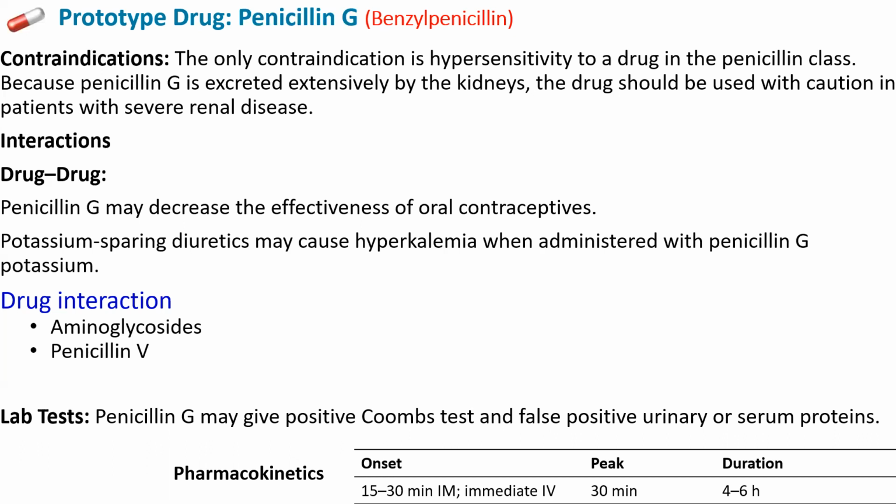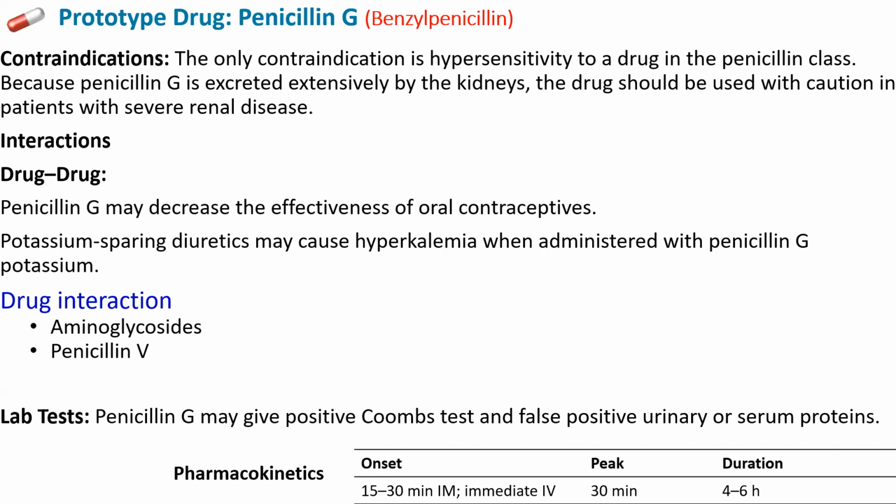Penicillin G may decrease the effectiveness of oral contraceptives. Potassium-sparing diuretics may cause hyperkalemia when administered with penicillin G, especially penicillin G potassium.